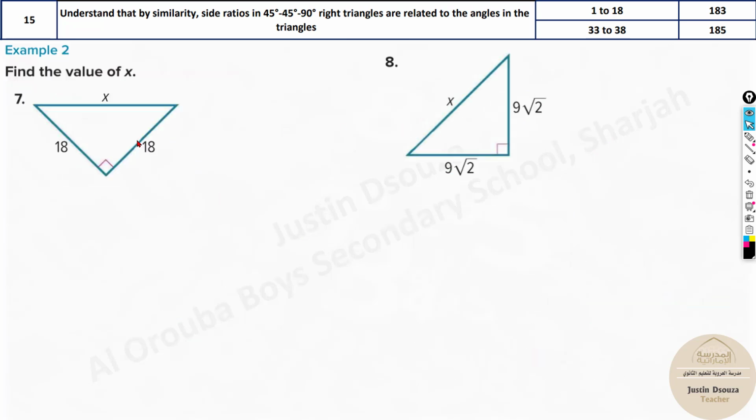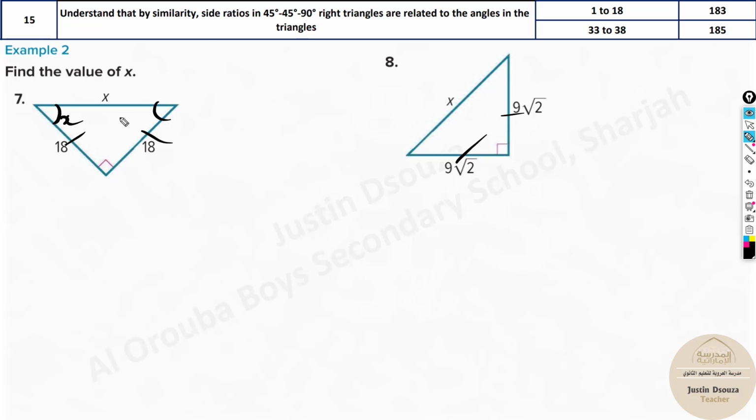Again, straightforward problems. Now, wait. What have they told over here? You can see that they have not mentioned any angle. Now, we know that if these two legs are equal, then that's an isosceles triangle. These two angles must be equal, isn't it?